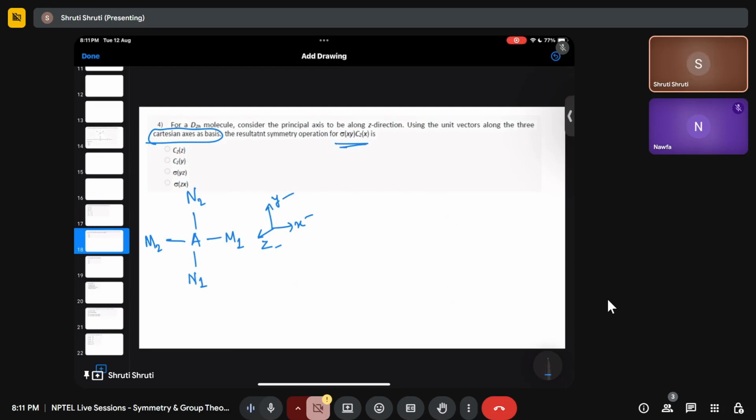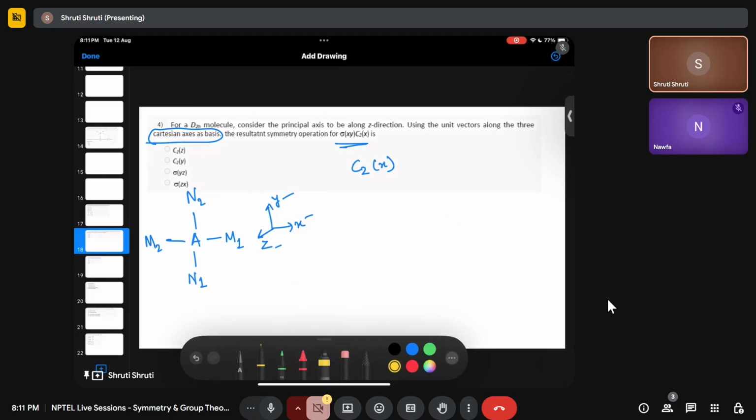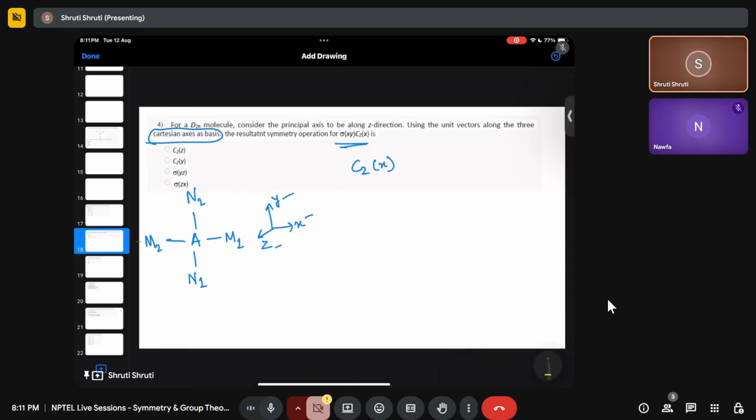Now this is multiplication. So let us first do C2x. If we do C2x on this, where will it be? So here m1 will remain as it is, m2 will remain as it is, and n1, n2 will swap.